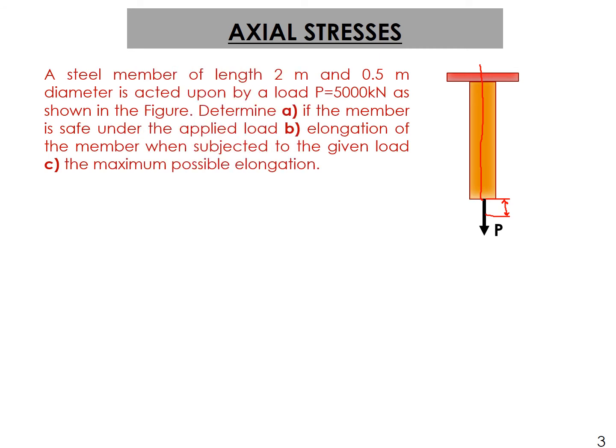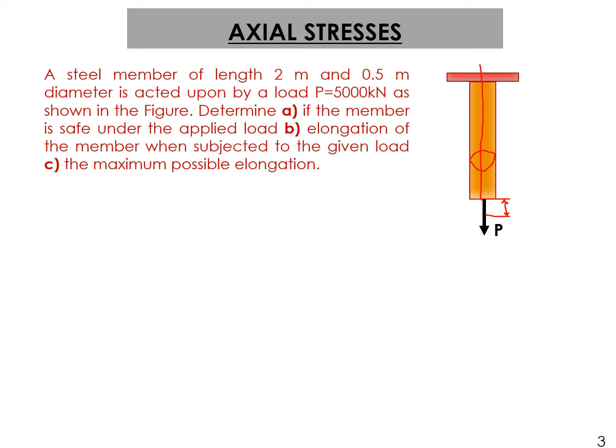Let's see the data. So this is a steel member. The material is ductile, and the length is given to us as 2 meters, and the diameter is 0.5 meter. Diameter means the cross section of this beam. The cross section is 0.5 meter diameter, and this load P is 500 kilonewtons.